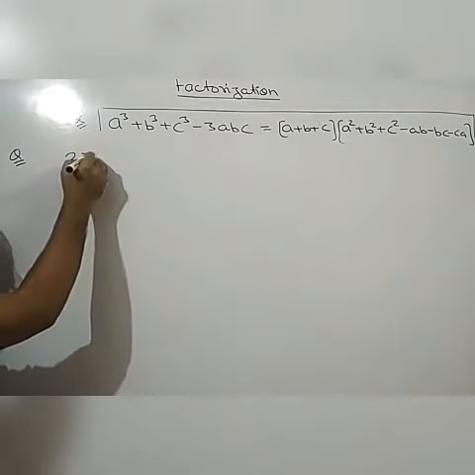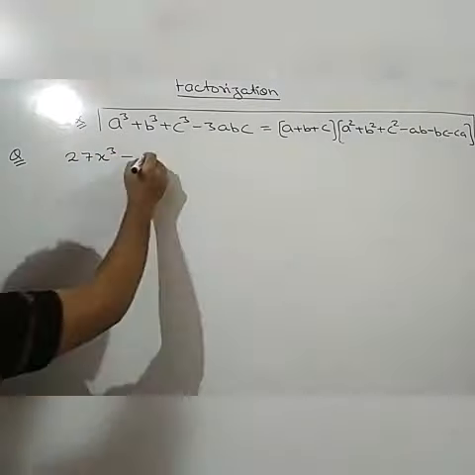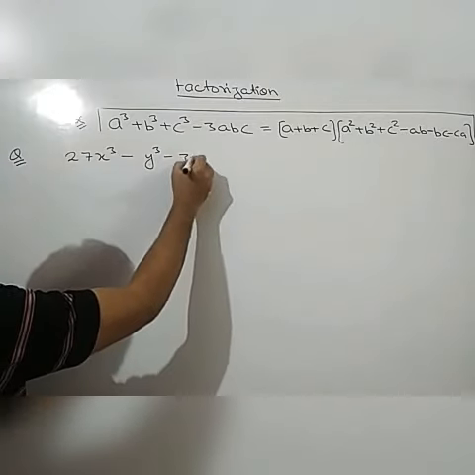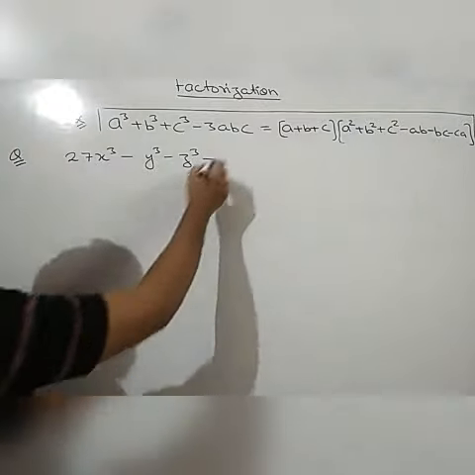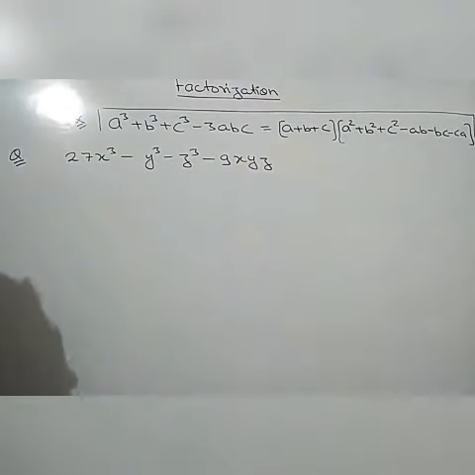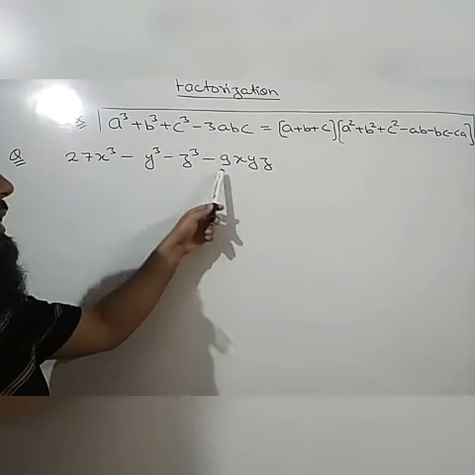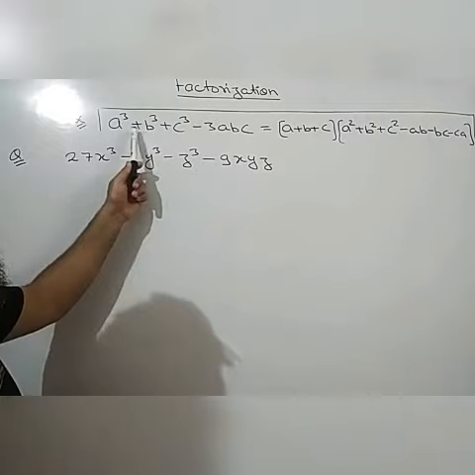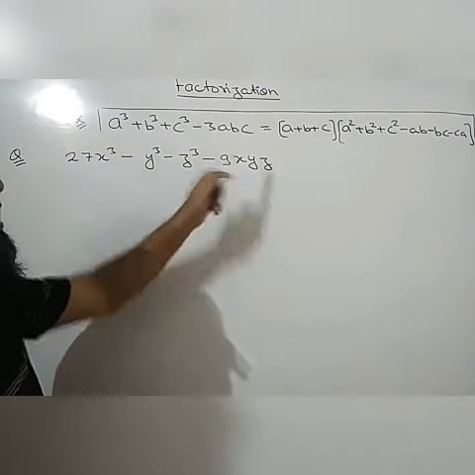So the question is 27x cube minus y cube minus z cube minus 9xyz. Now this is our question which we have to factorize. Here all the three signs are negative, but in the identity these two signs are positive: a cube plus b cube plus c cube, then minus 3abc.